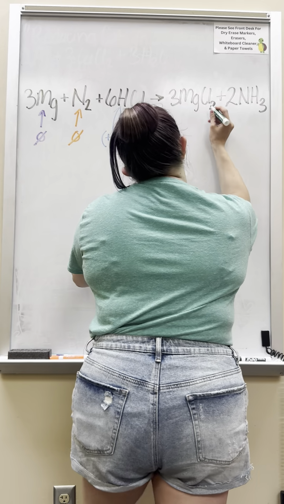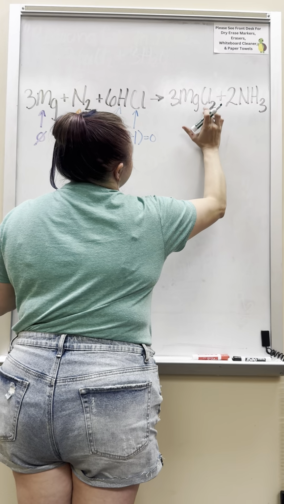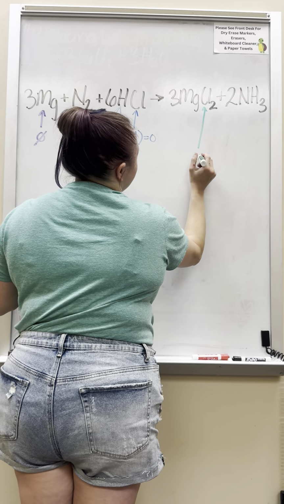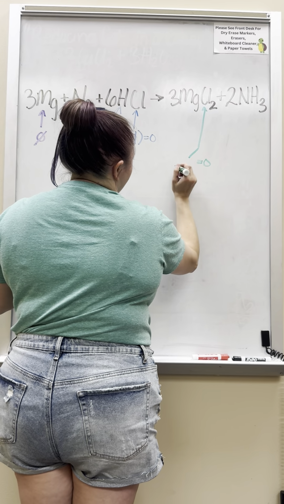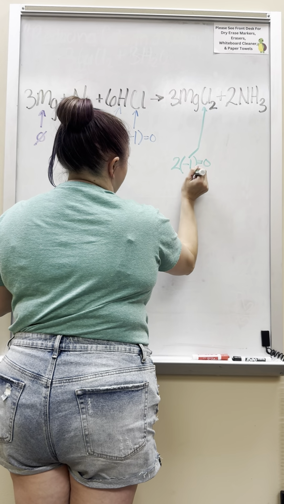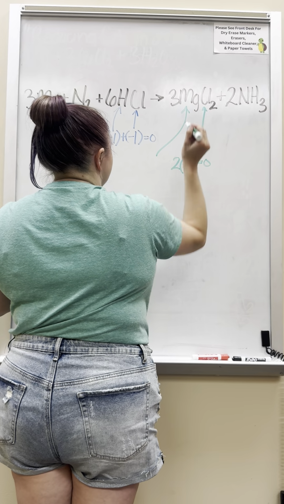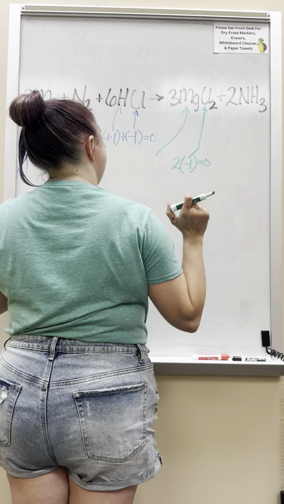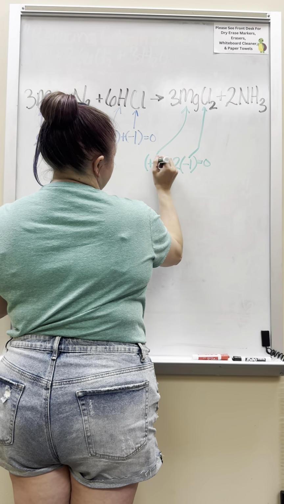All right. Let's move this further down. Will equal 0. We know it's 2 times what's normally -1, which means magnesium needs to be +2.